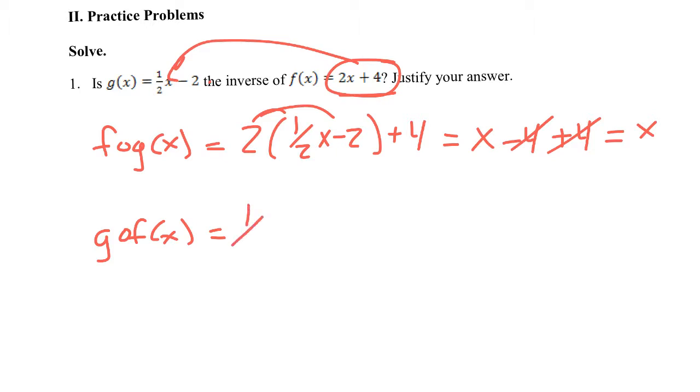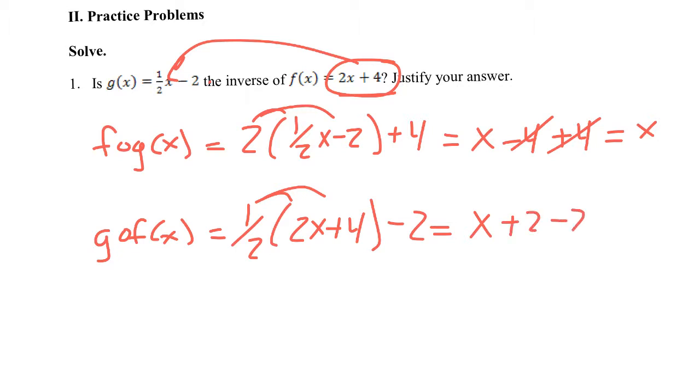So it would be 1/2, parentheses, 2x plus 4, parentheses, minus 2. Distribute the 1/2, we would get x plus 2 minus 2. And the plus 2 minus 2 cancel, and we're left with x. So clearly these are inverses of each other because we got x when we did f composed with g and g composed with f.